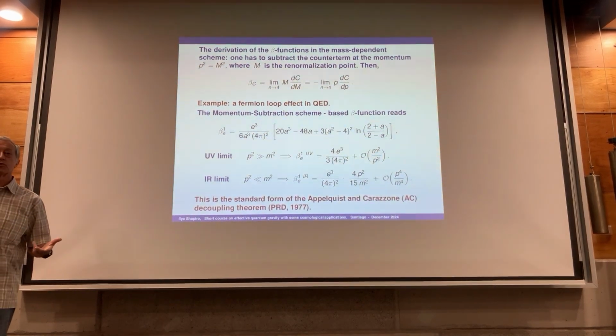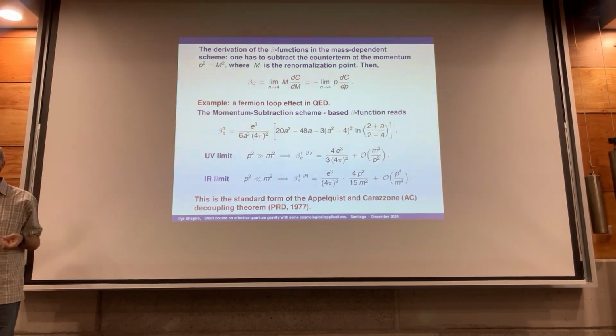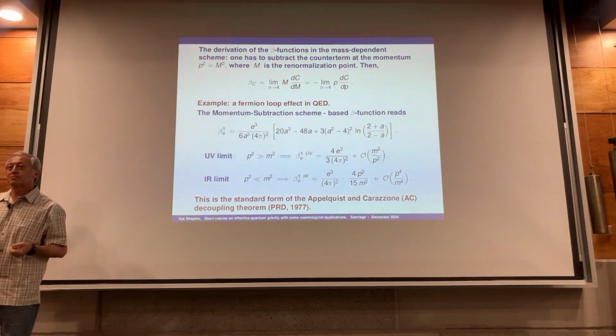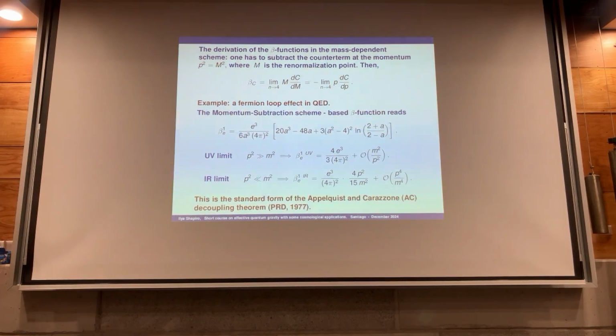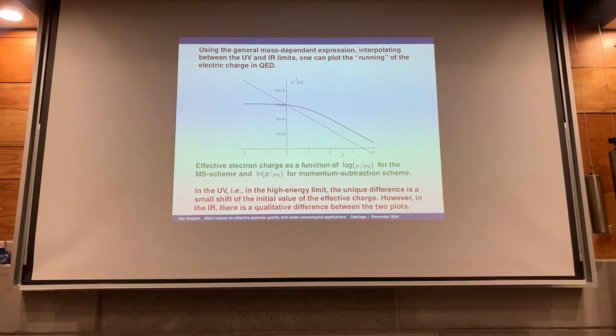In this case, we have to switch on our imagination and try to imagine what happens with this finite part which we cannot calculate. And as usual in these situations, people have different opinions about this. This is the difference between the beta function in the minimal subtraction scheme and the momentum subtraction scheme.